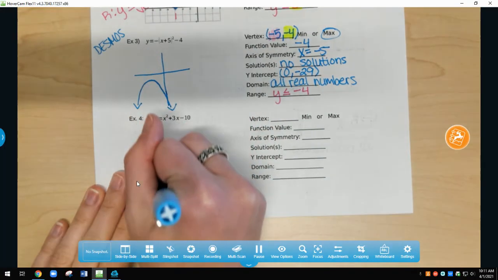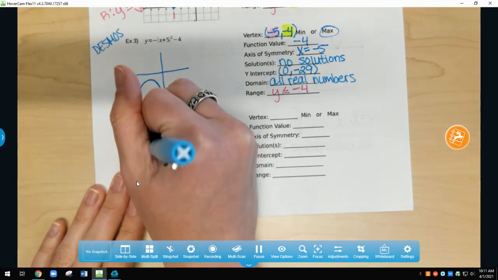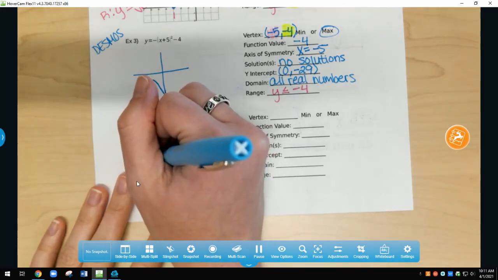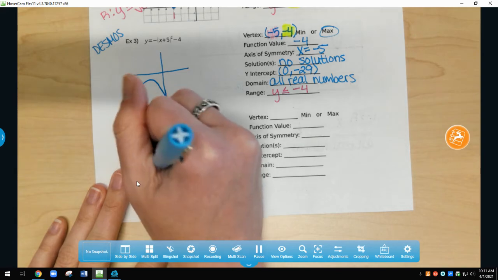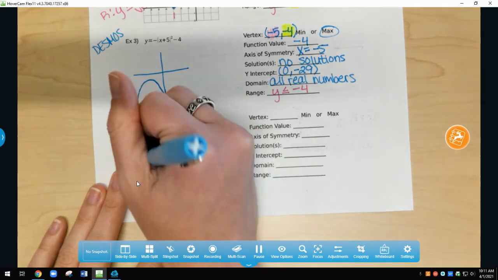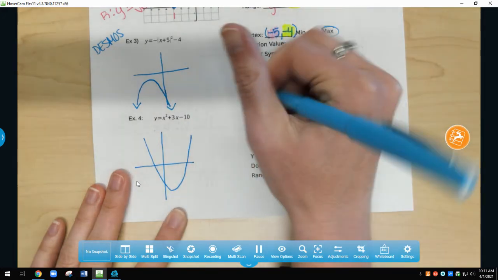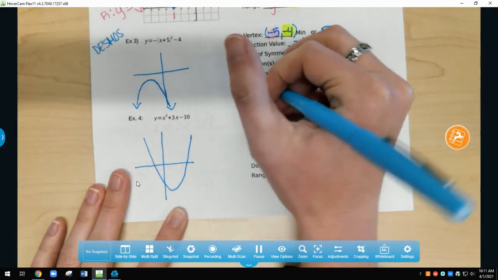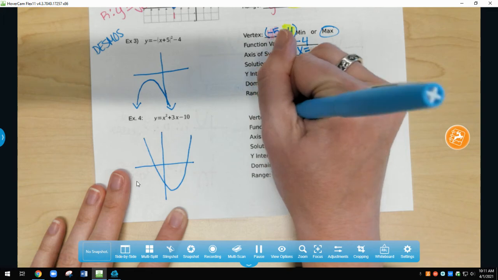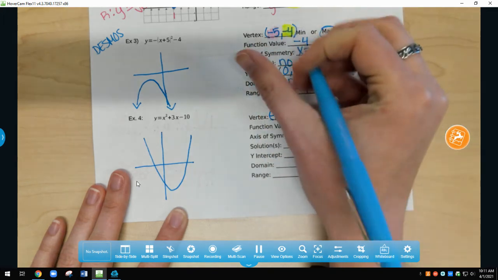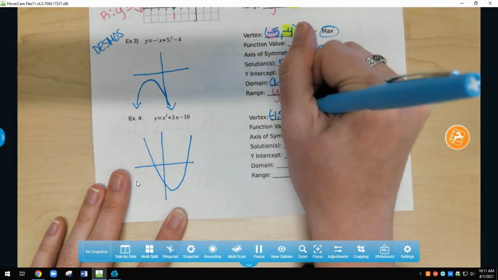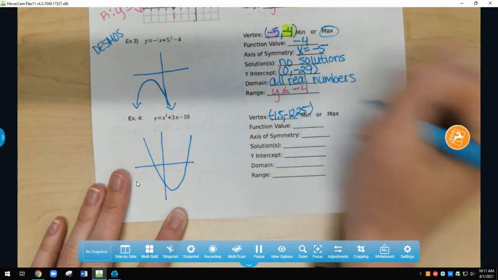And I'm going to go ahead and sketch it. Okay, so my vertex was negative 1.5, negative 12.25.